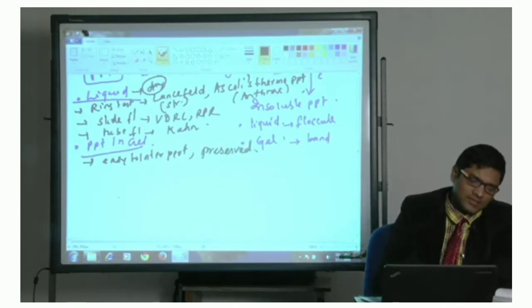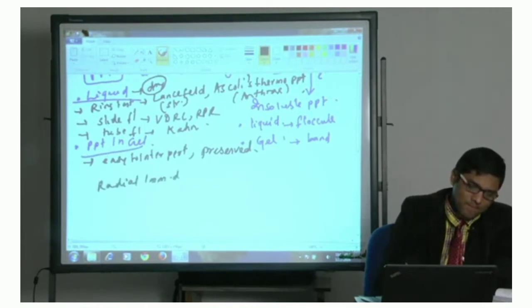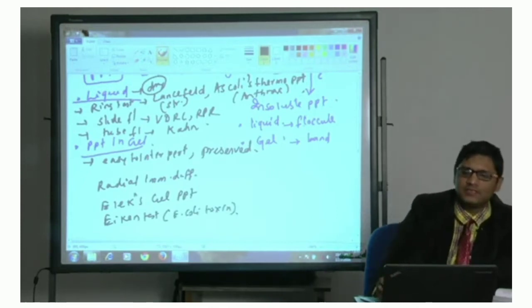Examples of precipitation in gel are radial immunodiffusion, Oudin gel precipitation test, and the Elek test to detect E. coli toxin. All these are examples of precipitation in gel.